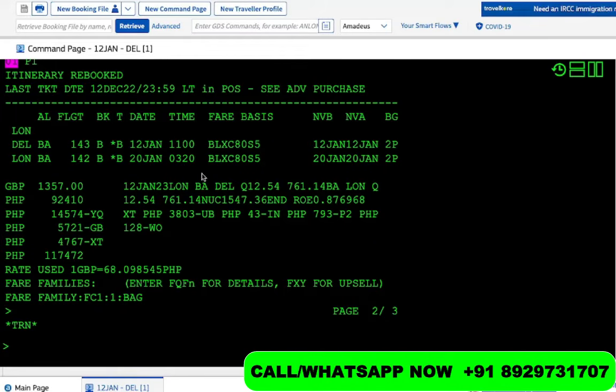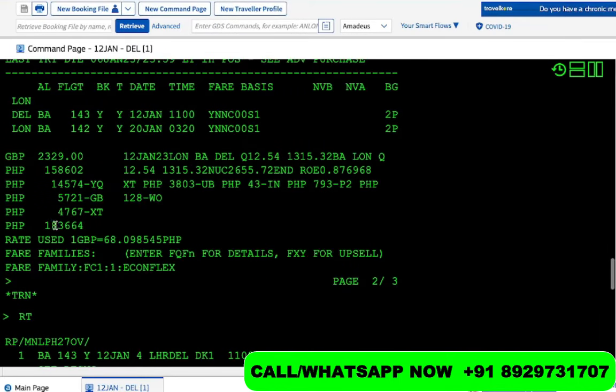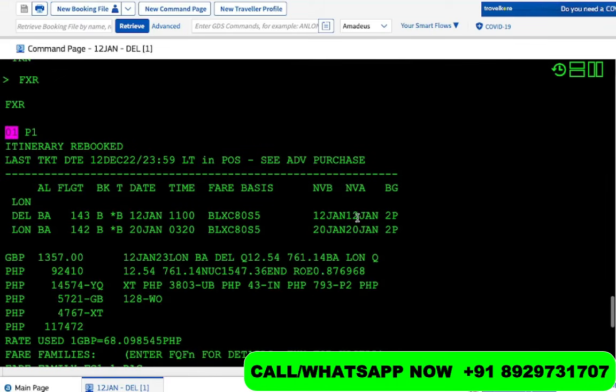Because we are booking it today, there are very few seats available for this flight. That is why you will see this problem that the prices are very high. It says the total price is Philippines peso 117,472, which is lower than what we got before, 183, much lower than that. The baggage is good.